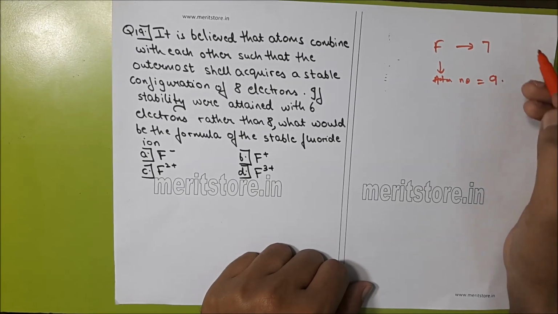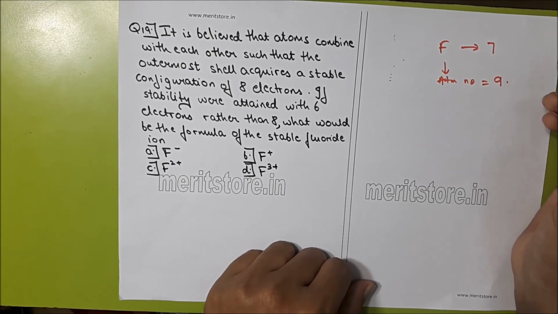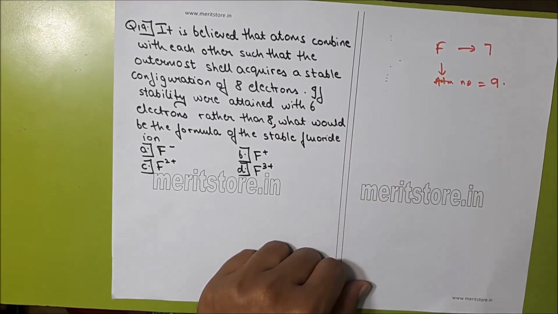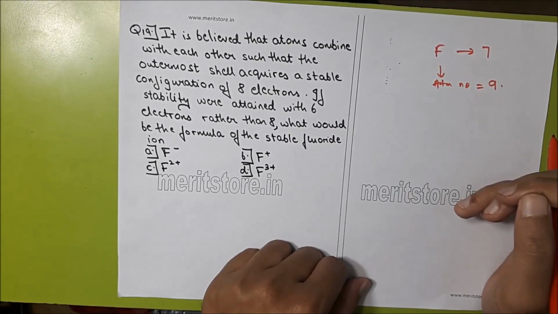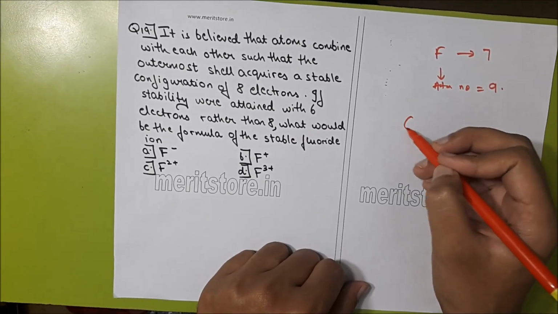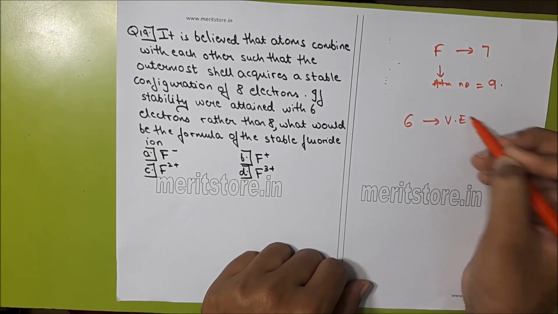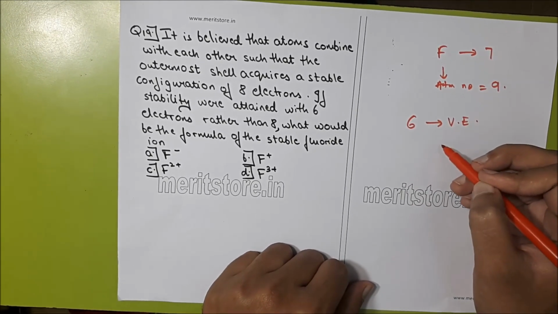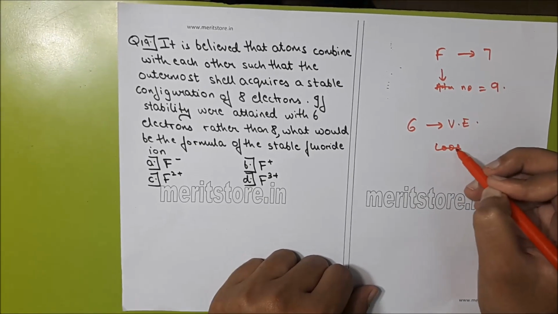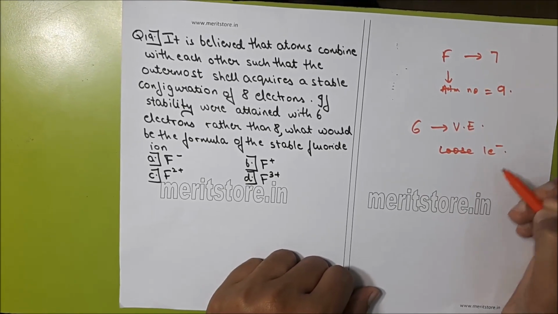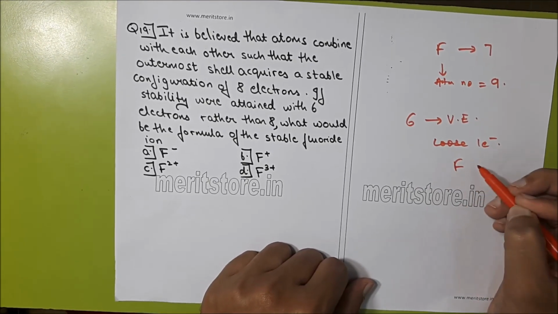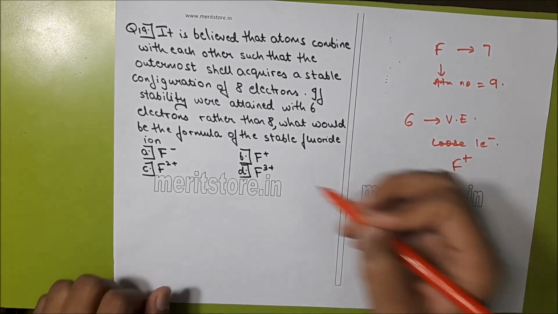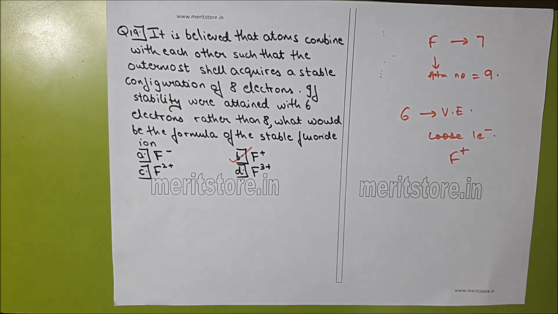To complete the octet it requires 1 electron when the configuration is 8. In order to have 6 valence electrons, it must lose 1 electron. So the formula becomes F plus. So option B is the correct option.